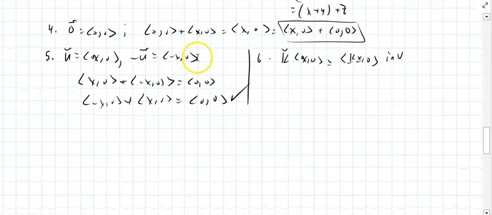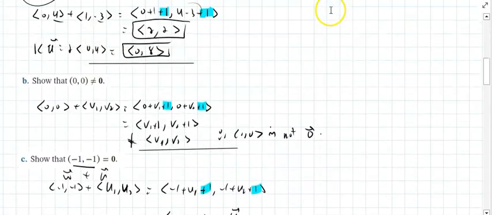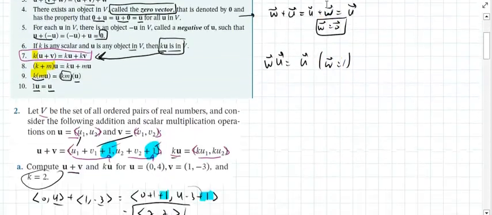Axiom 7. What does 7 say? 7 is (k plus m) times u.